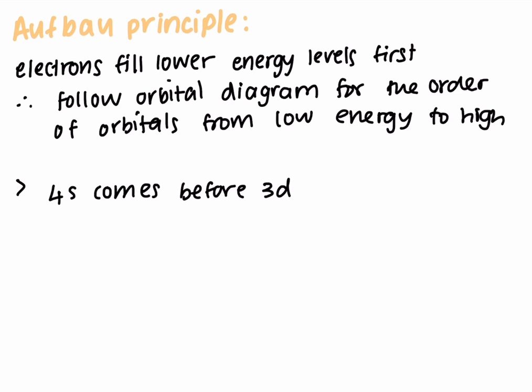And we see that 4s comes before 3d. It's because when the 4s orbital is empty, it is at a lower energy level than 3d. But when electrons are added into the 4s level, it becomes a higher energy level than 3d, which is why we take away from 4s first, but we also add to 4s first.